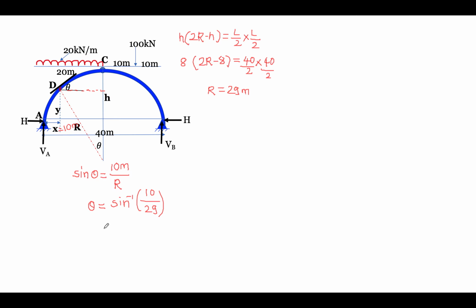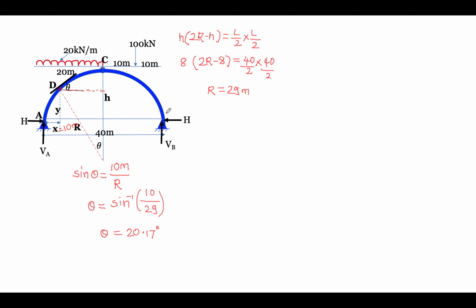So theta is sine inverse of 10 by 29. With a calculator you can see that theta is equal to 20.17 degree. So this is the value of theta we get.